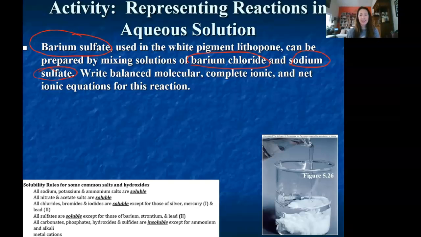What are our reactants here? You can feel free to type it in the chat, you can say it, whichever you choose, or you can put it on your paper and we'll go over it. Barium chloride and sodium sulfate are the reactants. Close. Barium chloride and sodium sulfate? Yeah. Yes.